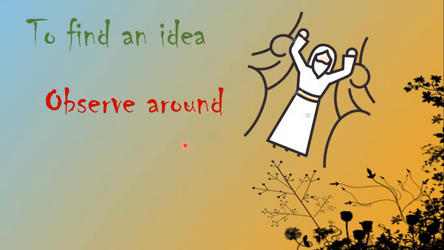The people around you can be your relatives, your friends, or people in your area. You can modify them, or change them a bit. You can put them in different situations and you can create a wonderful story.